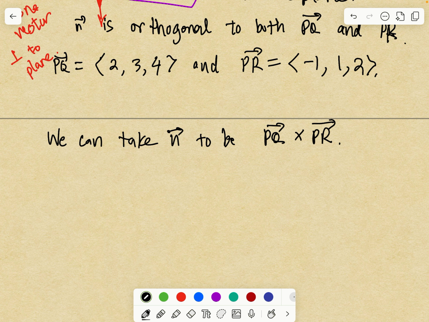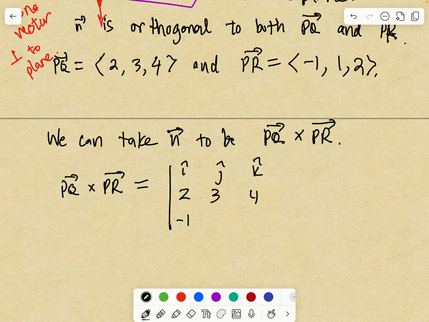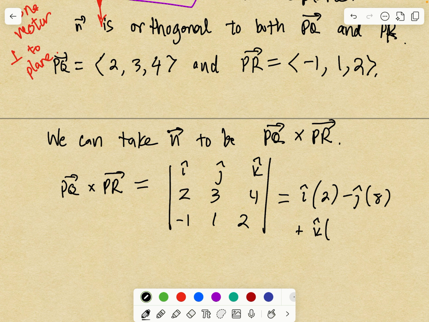So what's the cross product? PQ cross PR is... can we do this in our head? The i coordinate is 6 minus 4, which is 2, and then minus j, which is 4 minus negative 4, which is 8, and then plus k: 2 minus negative 3 is 5.